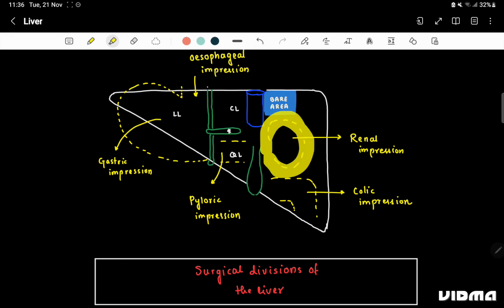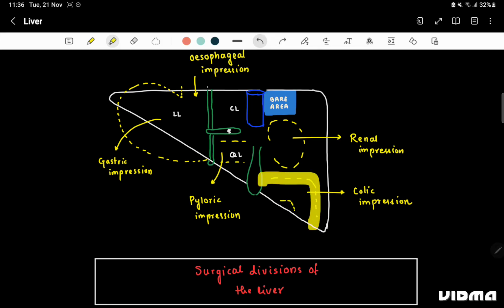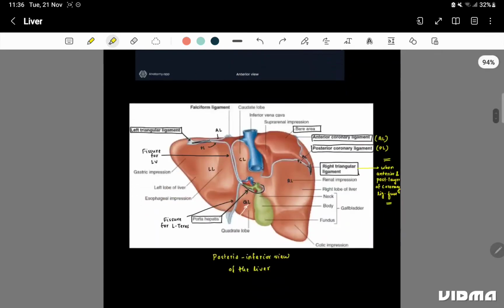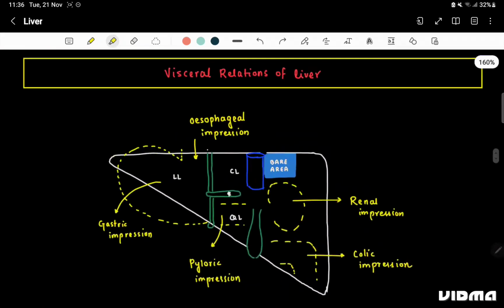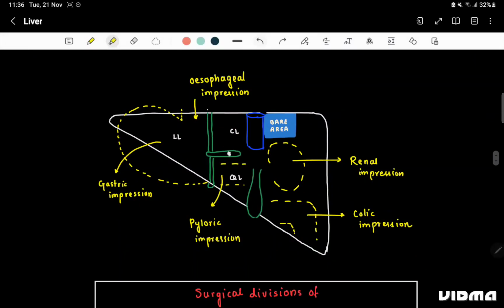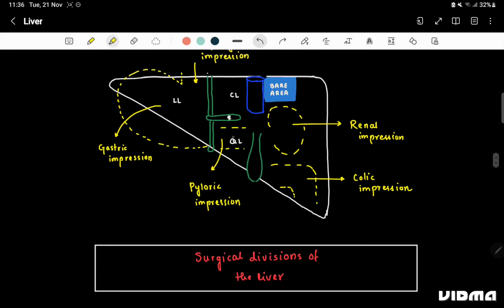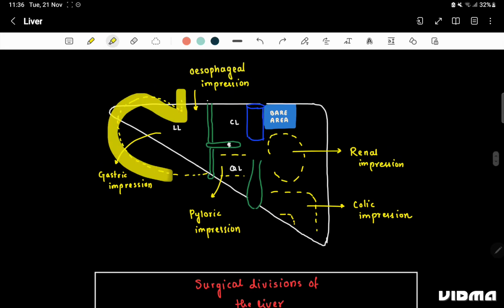And here you have the gastric renal impression. Here you have the colic impression, which is there in the right lobe, and we have the caudate lobe and the quadrate lobe. In the caudate lobe, no impression is there. In the quadrate lobe we have a pyloric impression, and in the left lobe we have our major gastric impression and the esophageal impression also.